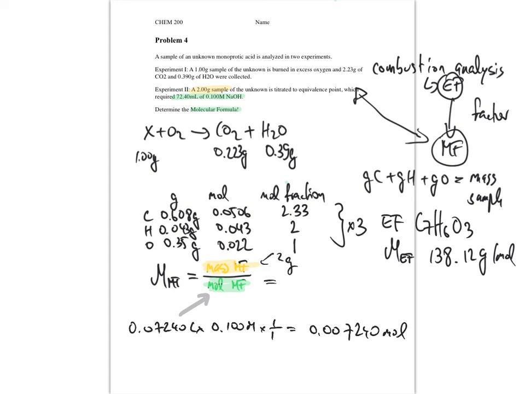Plugging in 2 grams, I get the molar mass of the molecular formula, which gives me 276.24 grams per mole.